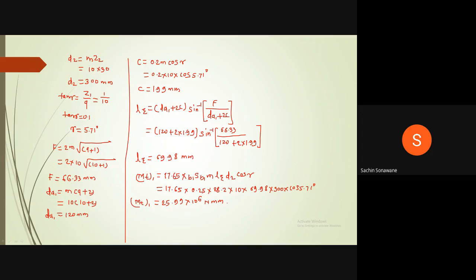Now we'll calculate MT2, that is torque 2.